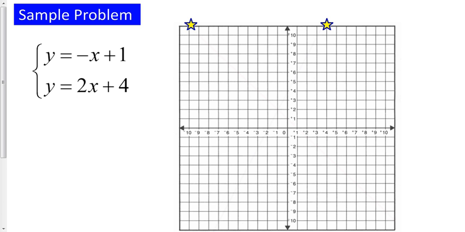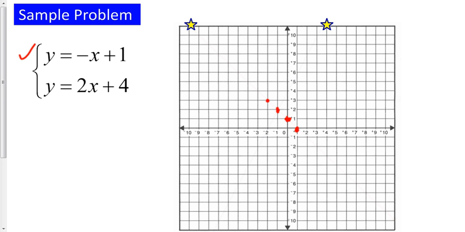One of the ways we can solve a system of equations is by graphing. I can take each equation and graph them, and the point where the lines intersect is going to be my solution to the system. So first let's graph the first equation, y equals -x plus 1. Here is the y-intercept at +1, and the slope is -1, meaning it's going up and to the left, or down and to the right.